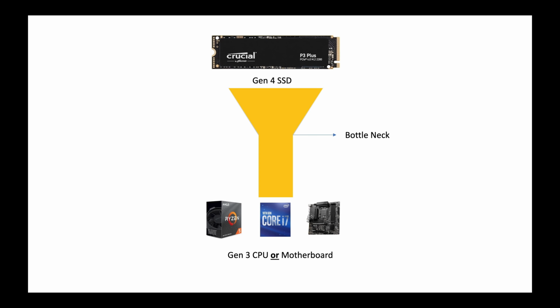If you are using a PCIe Gen 4 SSD with a Gen 3 CPU or motherboard, then the Gen 4 SSD card will give the speed of PCIe 3. If either one component is not compatible with Gen 4, then Gen 4 SSD speed won't be achievable. Here component means motherboard and CPU.